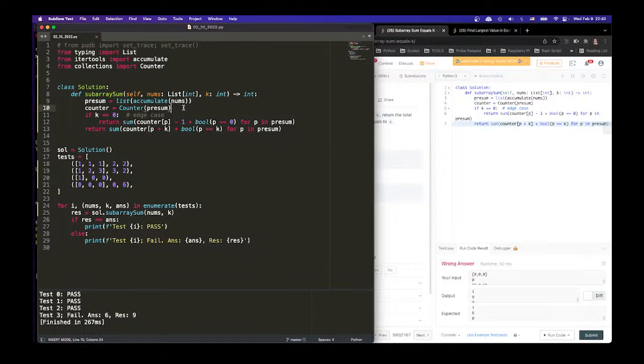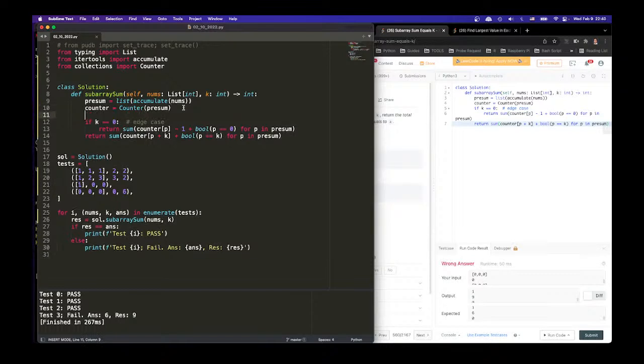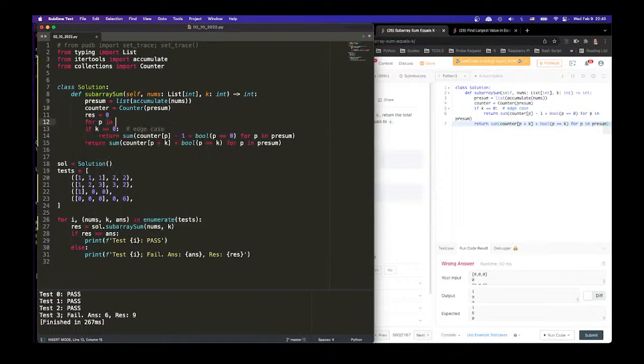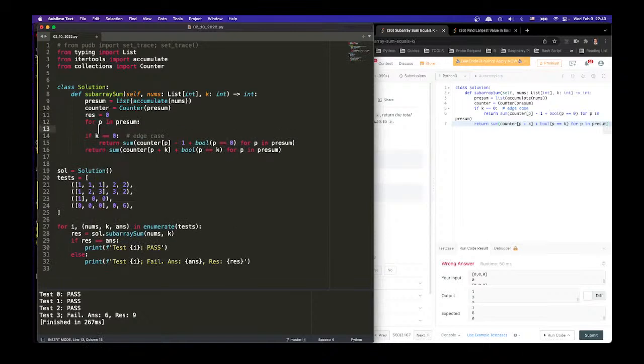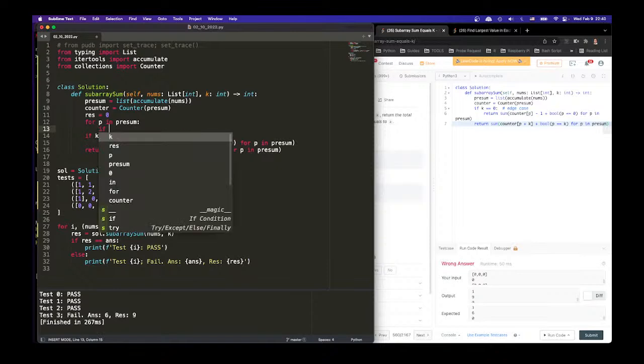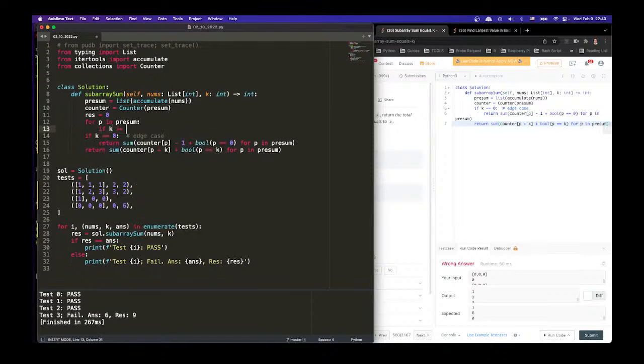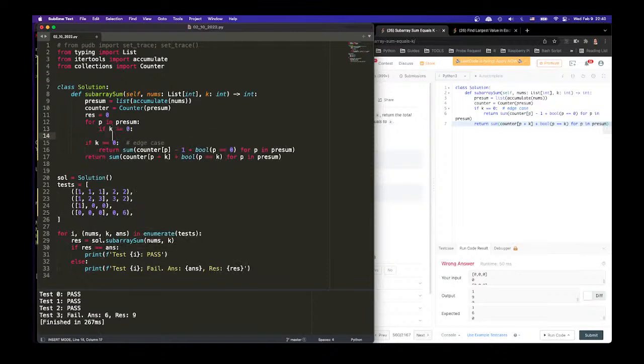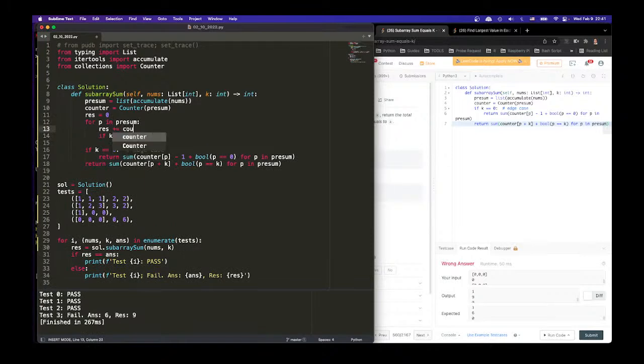So I think it will be easier. We just say rest equals 0, for p in pre-sum, right? And then if k is equal to 0, right, then now we say rest plus equal to counter of p plus k, right?